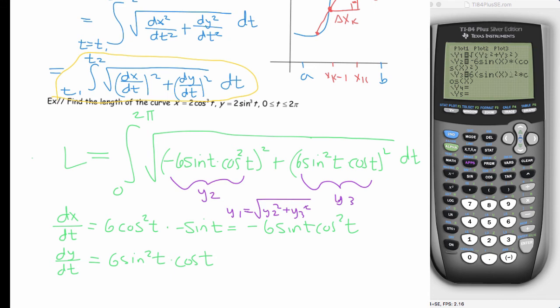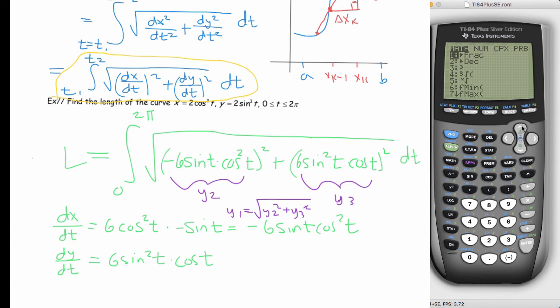In any case, I'll just do it using the program on the calculator. If you notice here on y1, I've put the square root of y2 squared plus y3 squared.